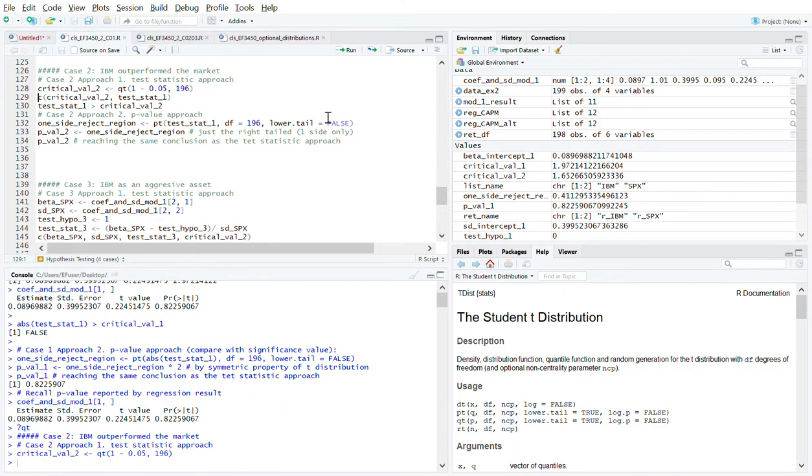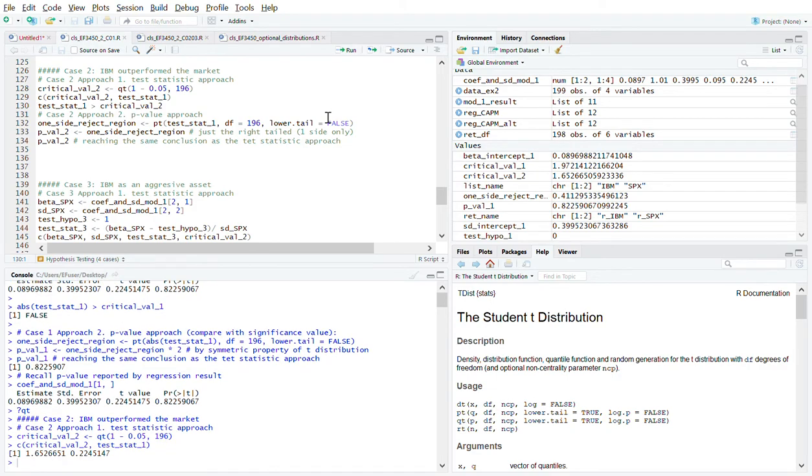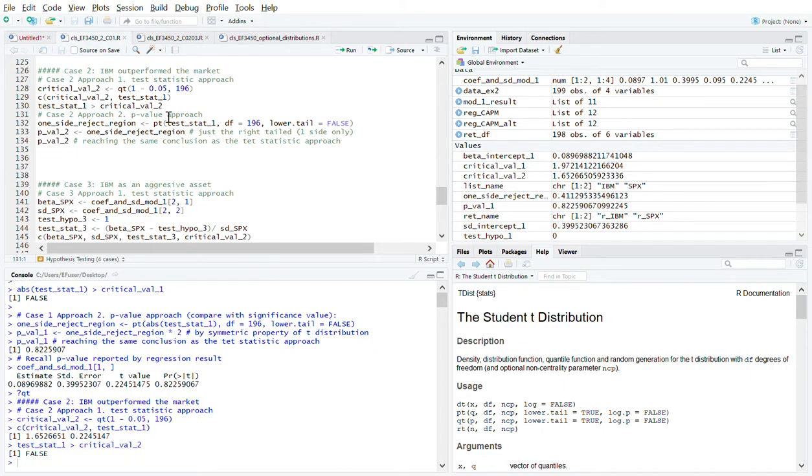If we compute the critical value and compare it with the test statistic, we can clearly see that the test statistic is not larger than the critical value, so we cannot reject the null hypothesis that the population intercept is smaller or equal to 0. In other words, we cannot say IBM outperformed the market.